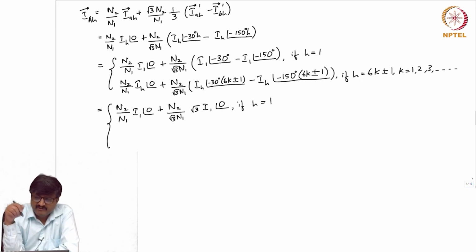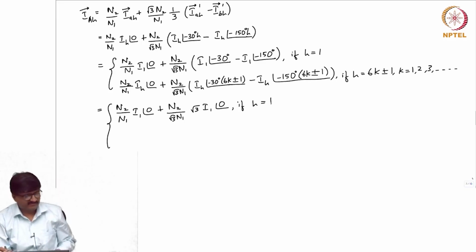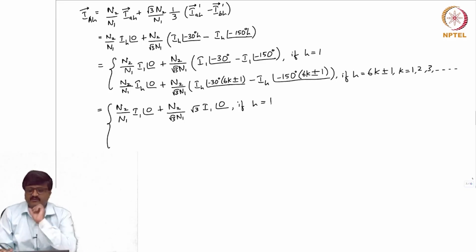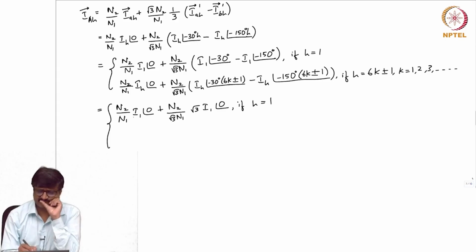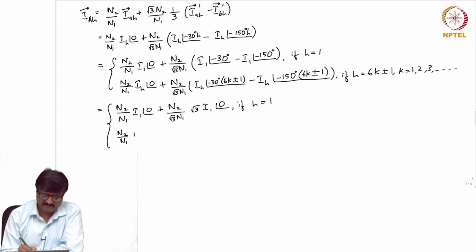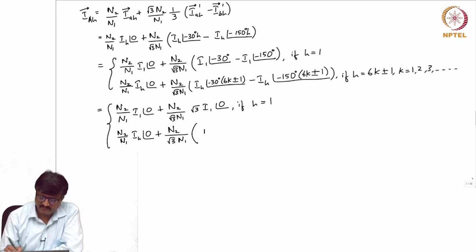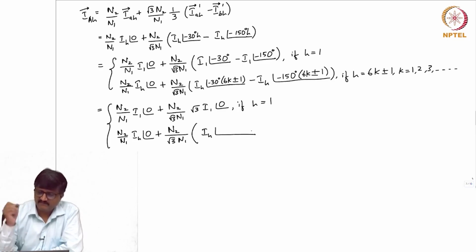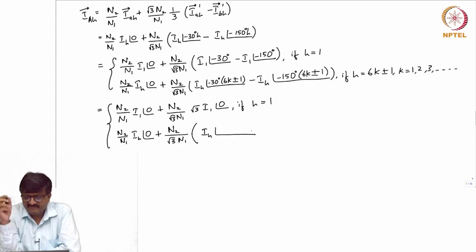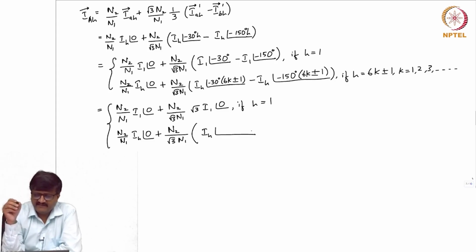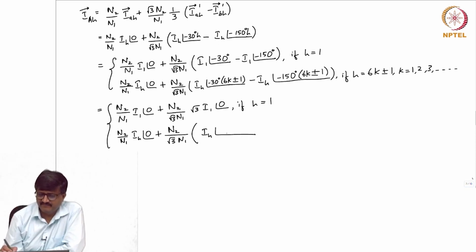Now, if I want to simplify the other things, let us see how to simplify this. For harmonics, it is n2 by n1 IH at an angle 0 plus n2 by root 3 n1 into IH. So, is there any simplification for this? Minus 30 degree, let us first multiply this 30 degree by 6k.